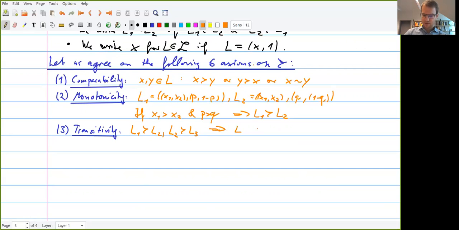Then I can conclude that the investor prefers the lottery L1 over L3. Of course, it seems to be obvious, or reasonable, but it's an assumption we have to make, because in theory it could be otherwise.